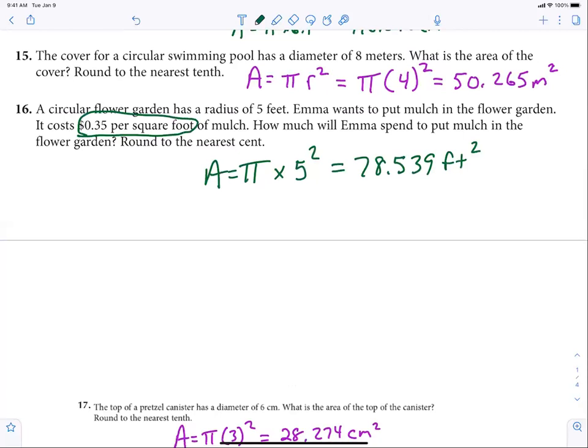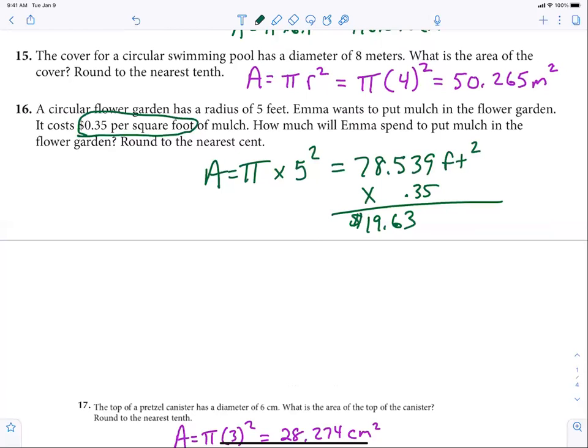Okay, so 78.539 times 0.35. Yes, very good, times 0.35. And tell me what that is. Now here, we're talking about money, so we round to a penny. So $19.63. Did anybody else get $19.63?